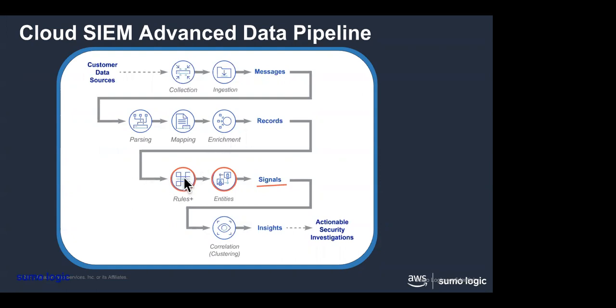If we find a record that matches a rule, we also strip out the entity and identify it by IP address, host name, or user ID, and that generates what we call a signal. Then we correlate those signals by entity within a 2-week period of time.